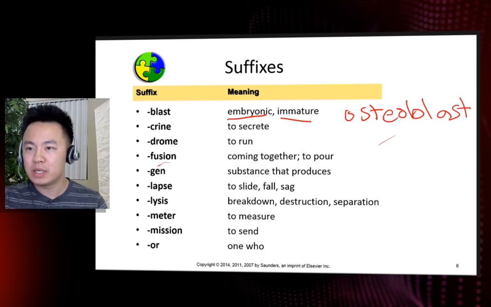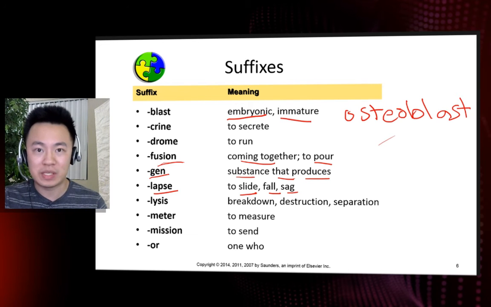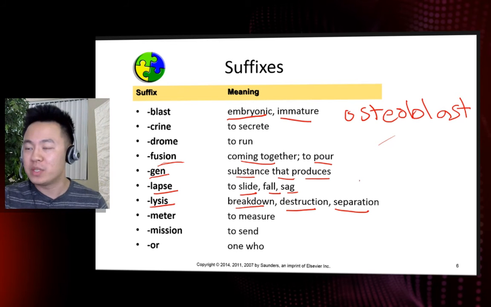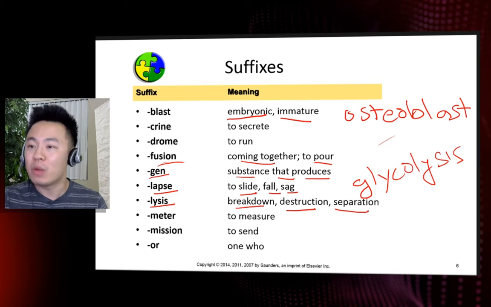Fusion means coming together or to pour. Gen, we definitely know what this means. Substance that produces. We also have lapse, which is to slide, fall, or to sag. We also have lysis, which means breakdown, destruction, or separation. For example, we have glycolysis, which means the breakdown of glucose, but not the destruction, okay?